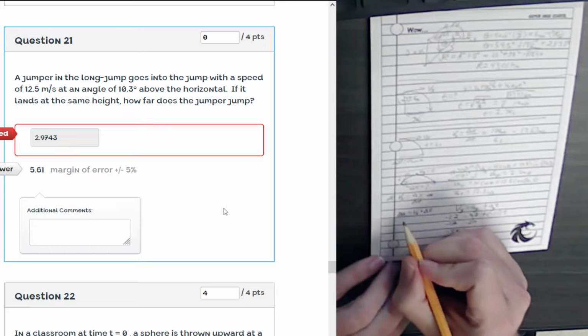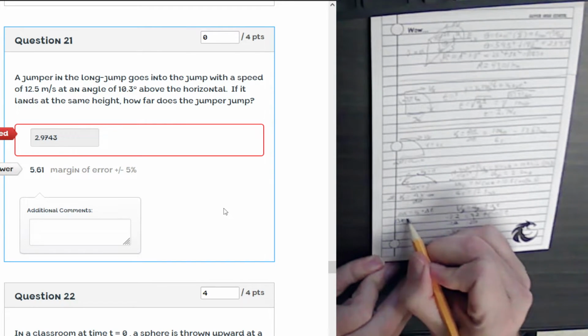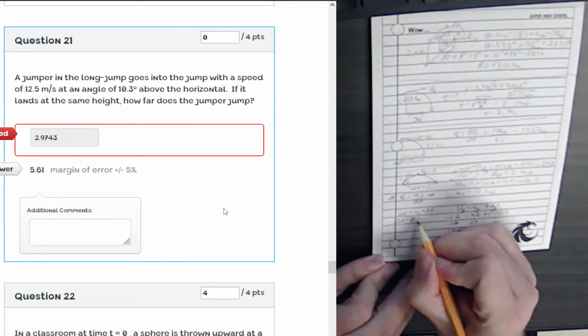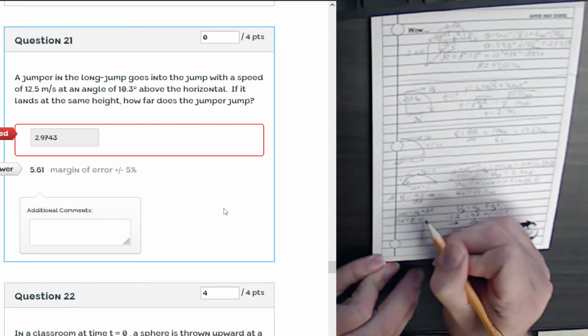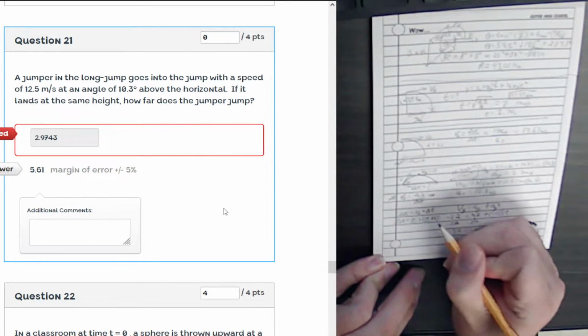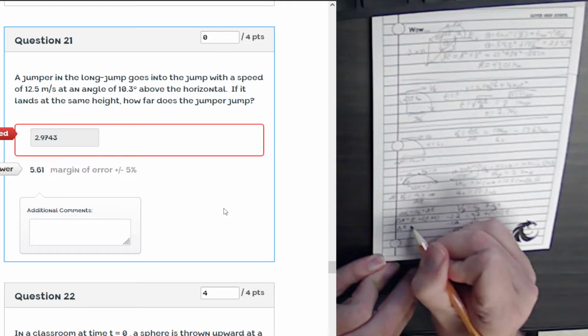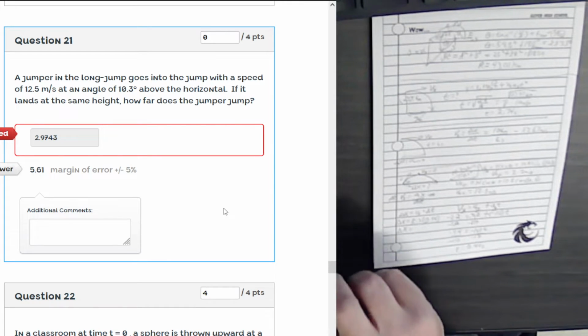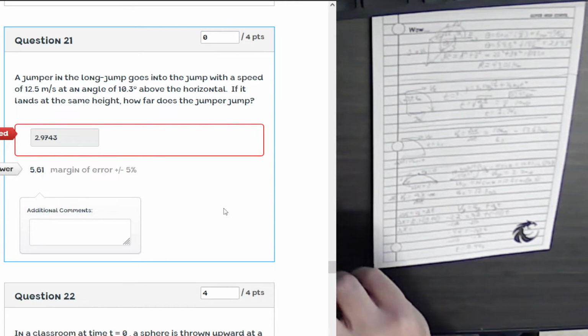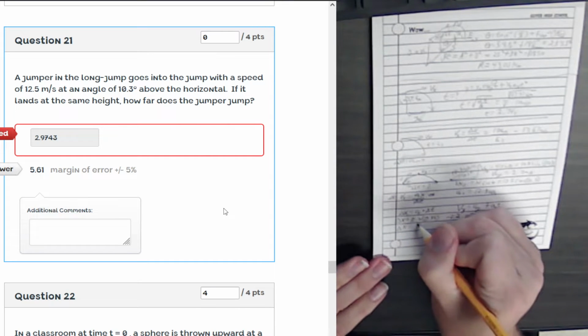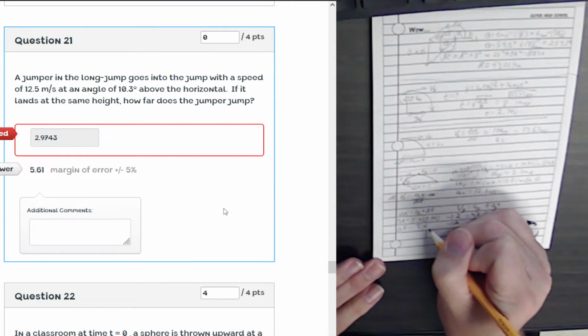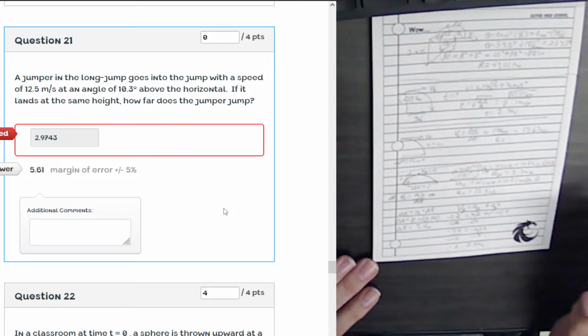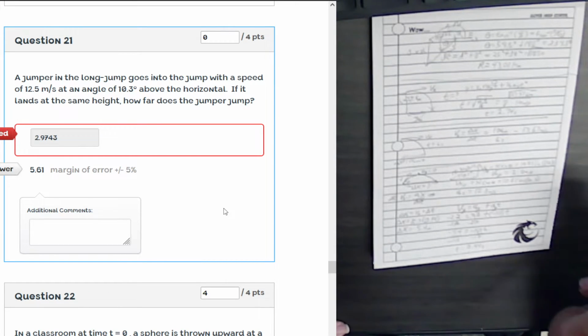So now we can plug that time in here with our x velocity, which is 12.3, and do times 0.44. So delta x is 5.4 meters. Thereabouts.